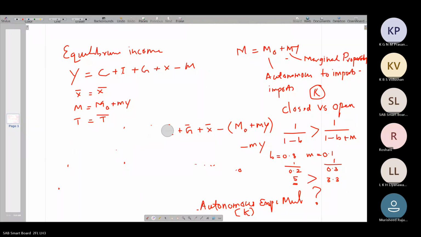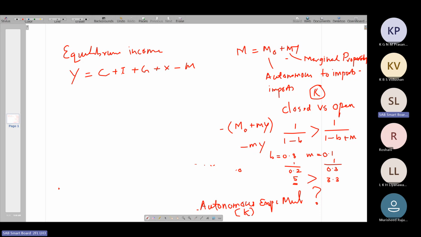In the closed economy, the transactions take place among households, firms and the government. But the open economy is open to the rest of the nations. We are exporting and importing goods, so we need to explain this using the multiplier process.